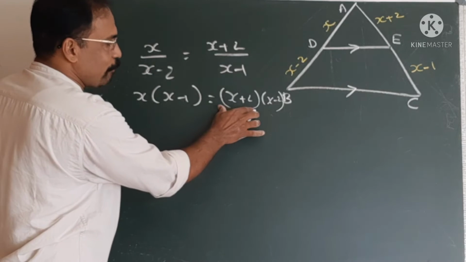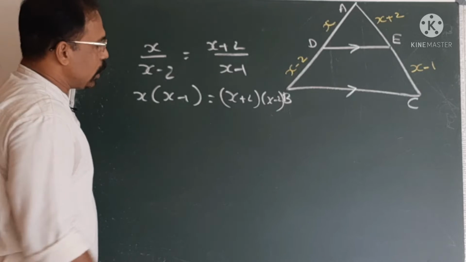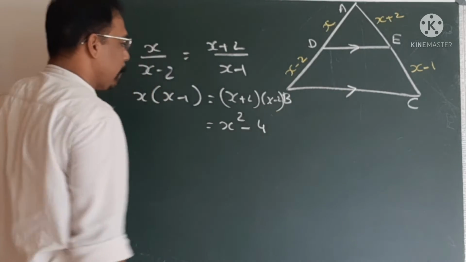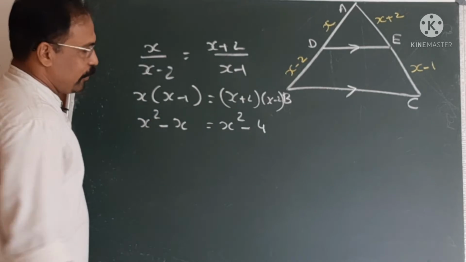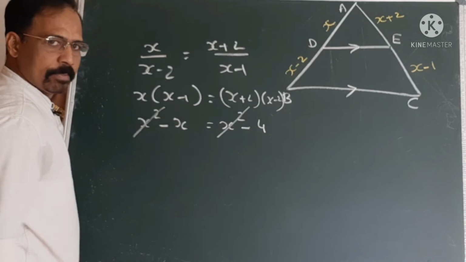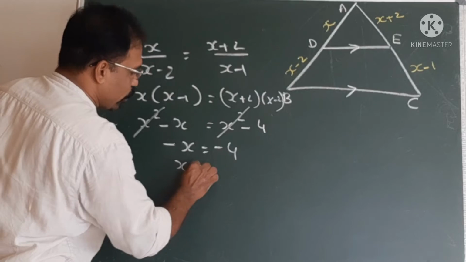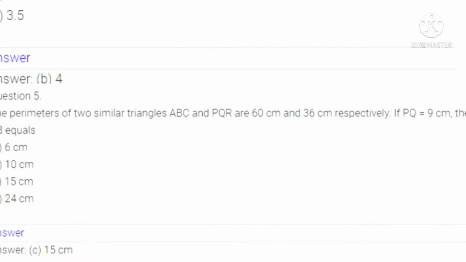So here it is in the form a plus b into a minus b, that is a squared minus b squared. So it is x squared minus 2 squared, that is 4. So here it is x squared minus x. We can cut x squared on both sides. What is left is minus x is equal to minus 4. Therefore, x is equal to 4. The value of x is 4.